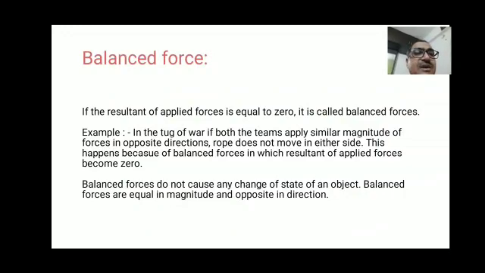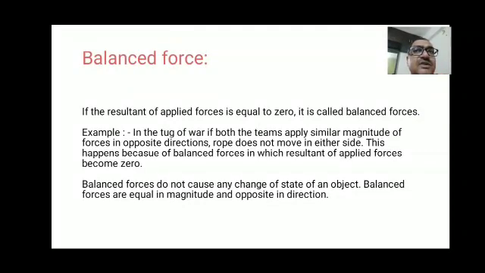This happens because of balanced force, in which the resultant of the applied forces becomes zero. It means the total force becomes zero, so the center point does not move and remains at the same point. That type of force is balanced force.